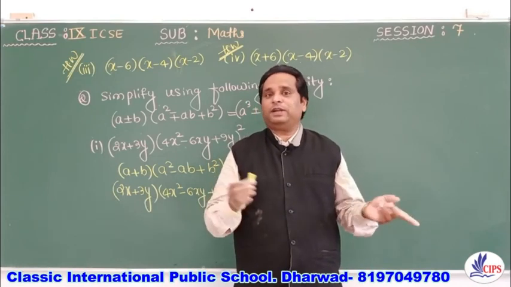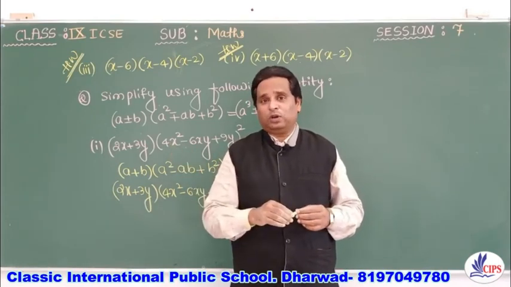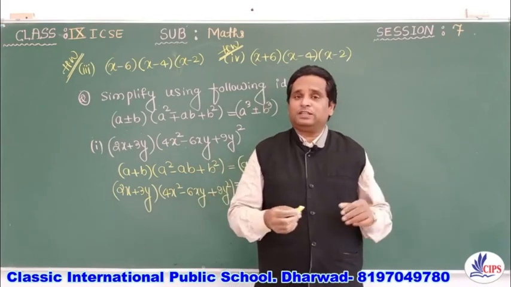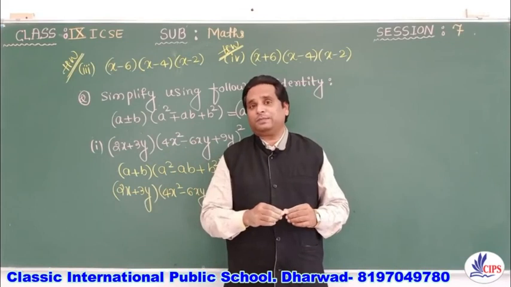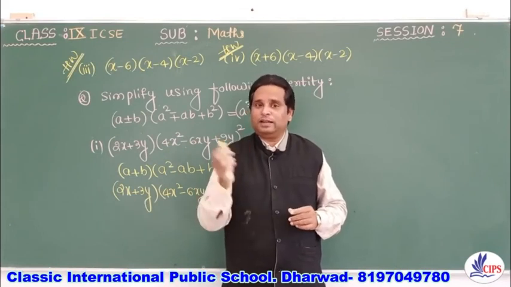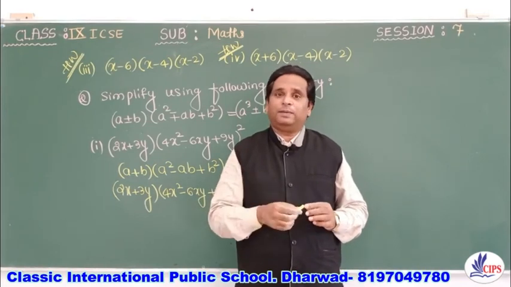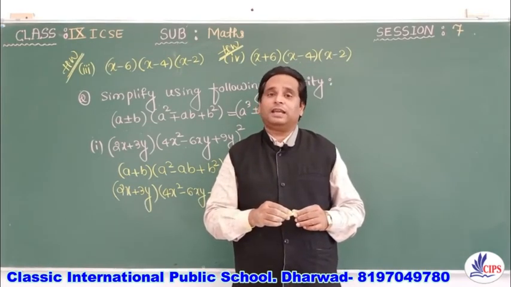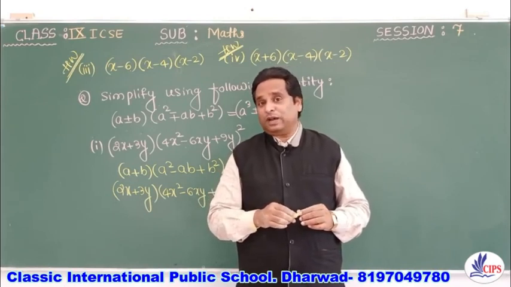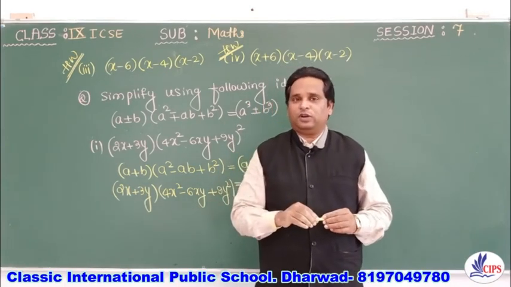Either you say a plus b into a square minus ab plus b square is equal to a plus b whole cube even. Right? A minus b into a square plus ab plus b square is equal to a minus b whole cube. And then we have one more: a cube plus b cube plus c cube minus 3abc is equal to a plus b plus c into a square plus b square plus c square minus ab minus bc minus ca. Okay, these identities you have to remember.